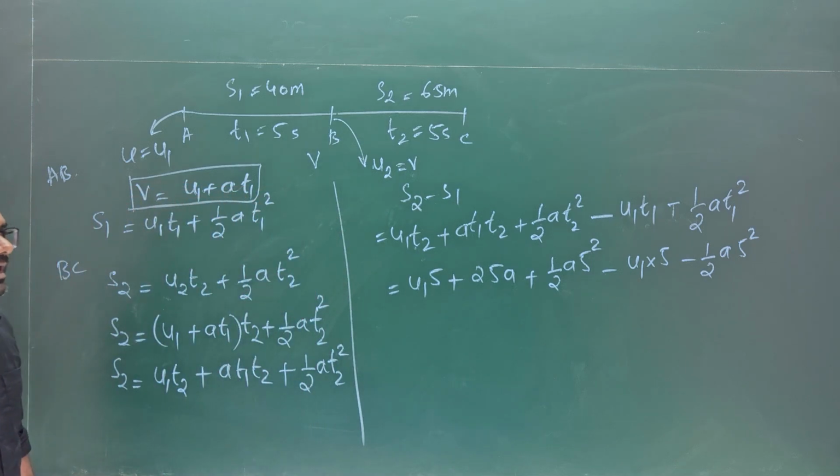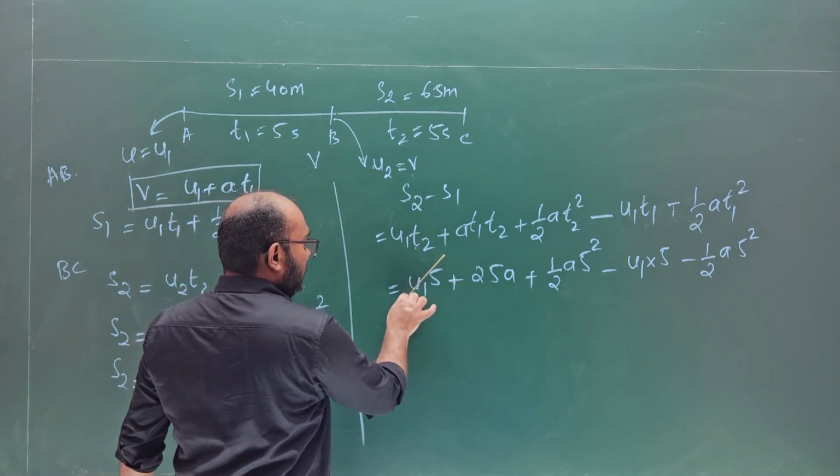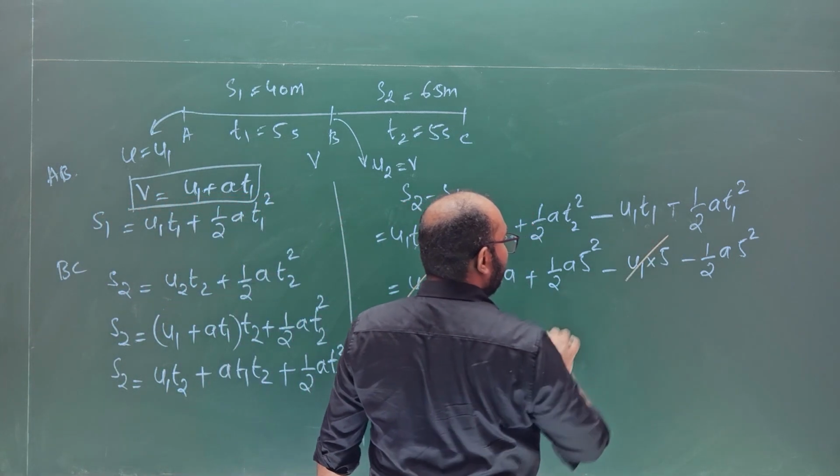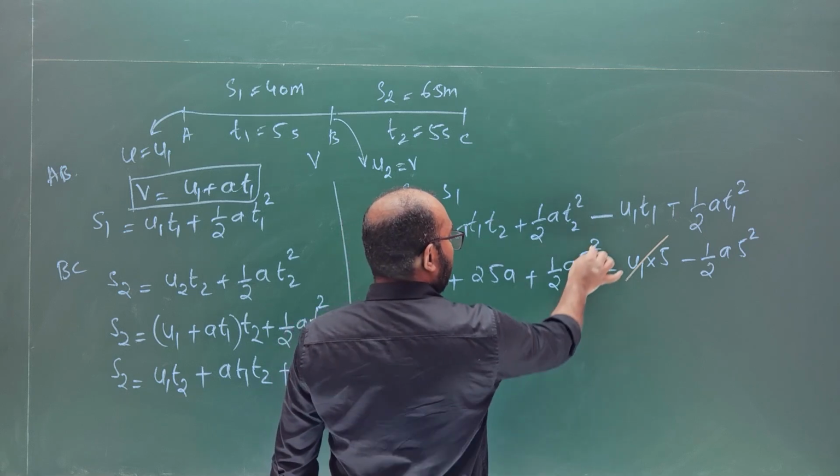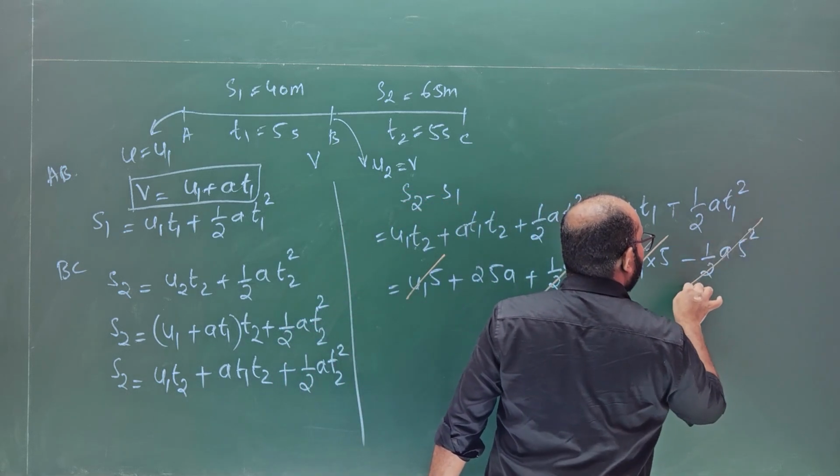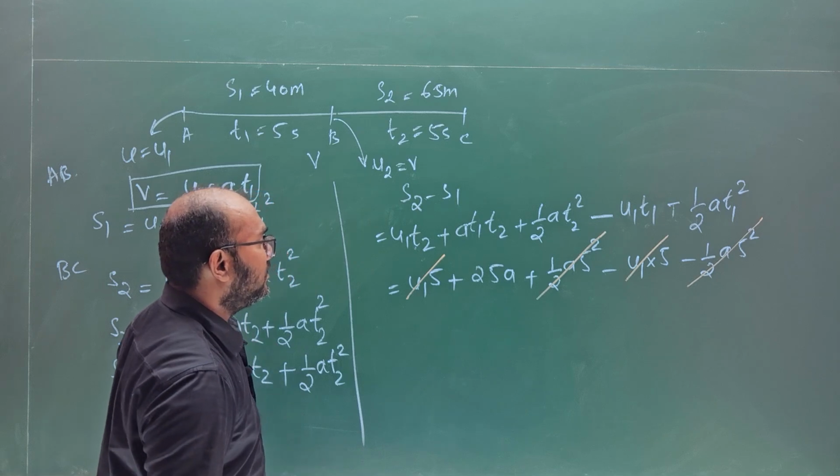If time is given different, subtract that. If time is equal, cancel that. So U1 into 5 and half A 5 square cancel out. What is left out?